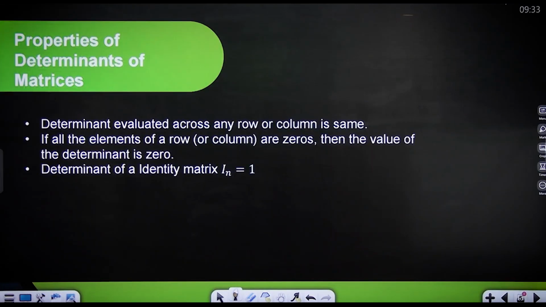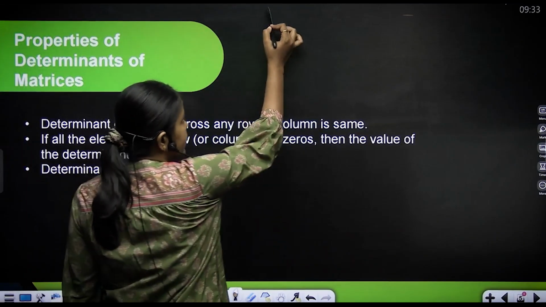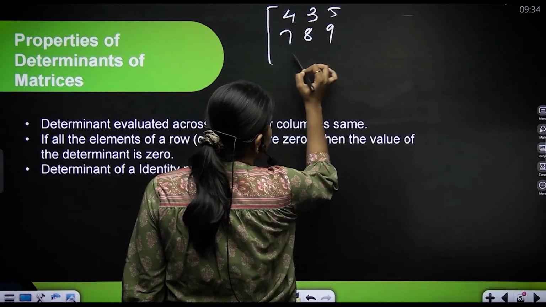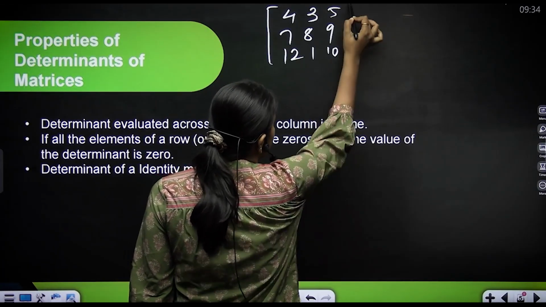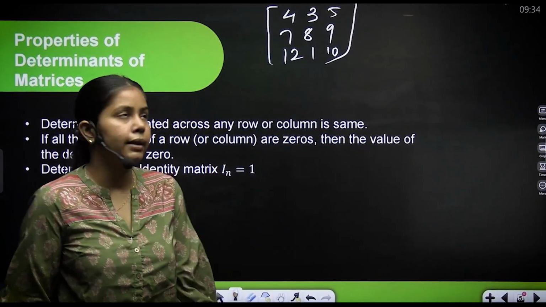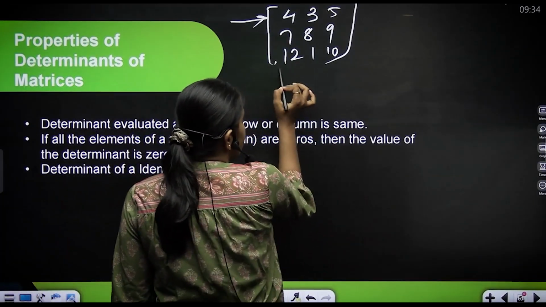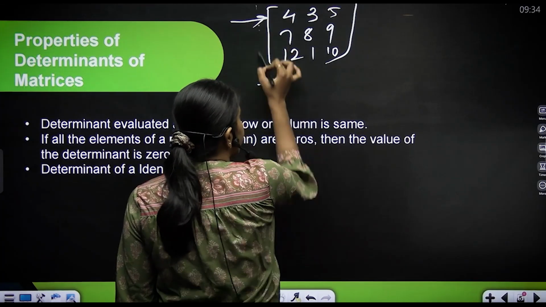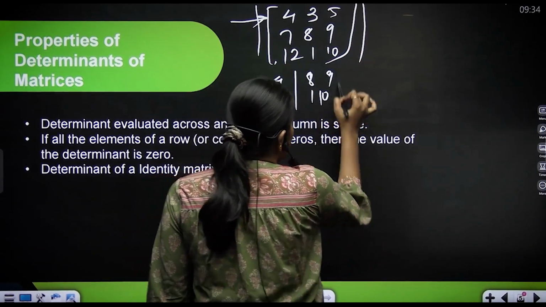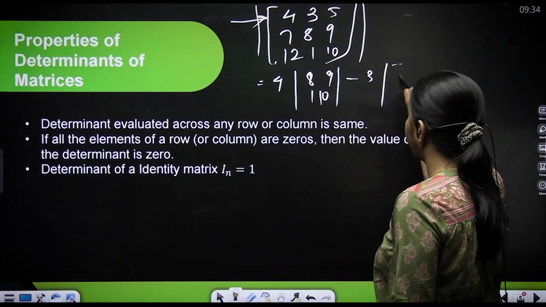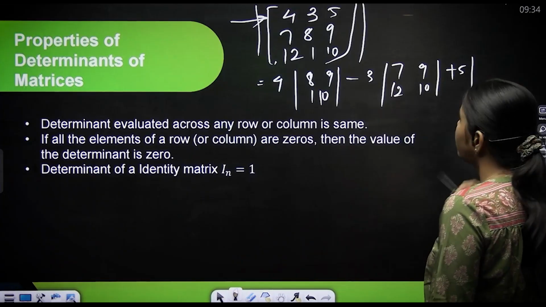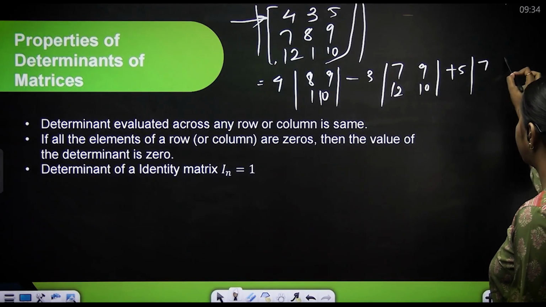Now, next thing. Let's suppose we have the numbers 4, 3, 5, 7, 8, 9, 12, 1, 10. If somebody asks me to find the determinant, I'll go with any row or any column. Let's say I expand along this. So I have 4 into the minor 8, 9, 1, 10, then minus 3 into 7, 12, 9, 10, and then plus 5 into 7, 8, 12, 1.